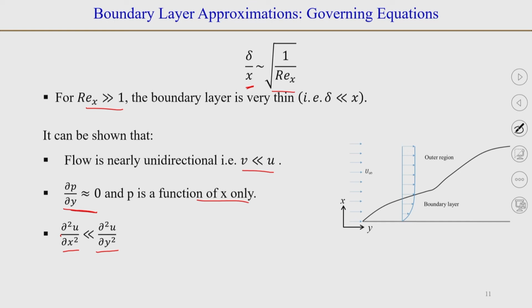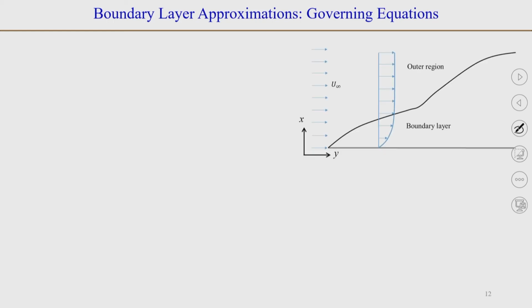In the viscous term, both second derivatives appear, but the viscous term caused by dou 2 u by dou x 2 is significantly less than that by dou 2 u by dou y 2. So, gradients in the y direction are significantly larger than those along the x direction. Sorry, this should have been x and this is y. Again we have the same mistake here, so let us just correct it.